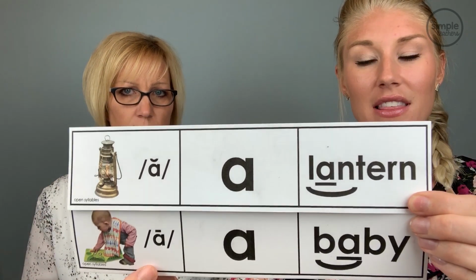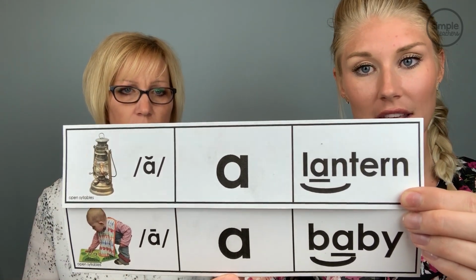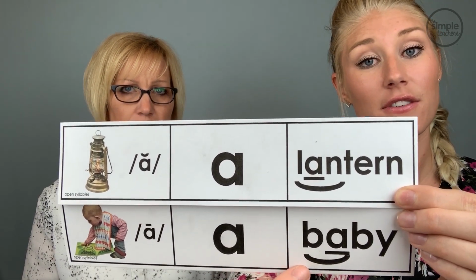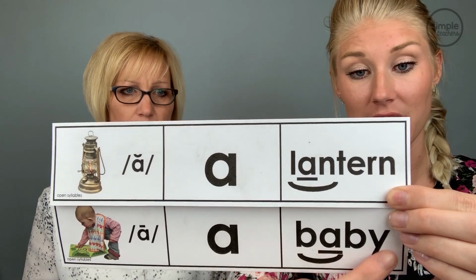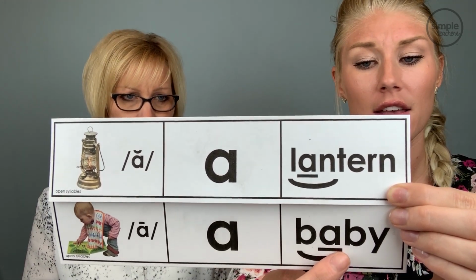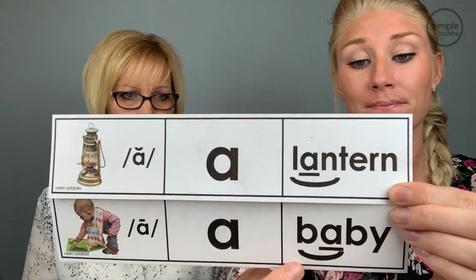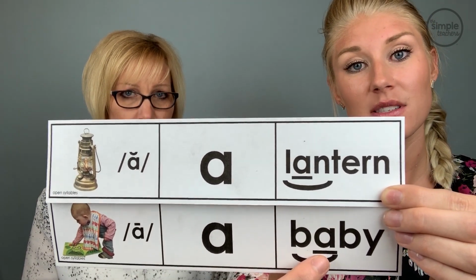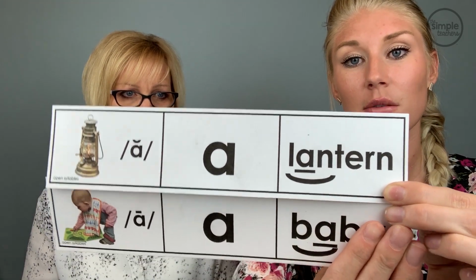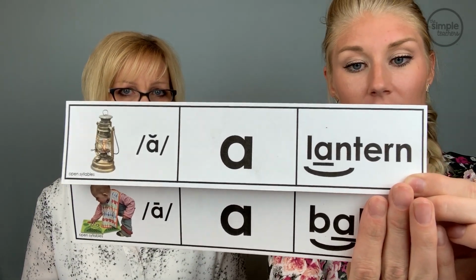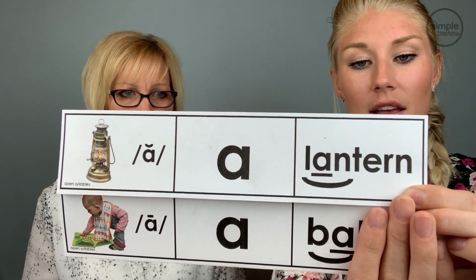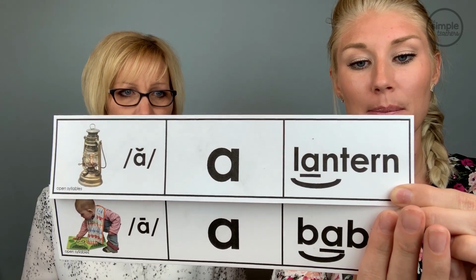Then the difference with the A spelled with the letter A would be in the word, so listen for the sound A in the word baby. Now listen for that first syllable, bay, and show that swoop. That A is being spelled with the letter A. There's no consonant in that first syllable. Bay. That is why it's saying A. It's not ba, because then it would need that B, bab.